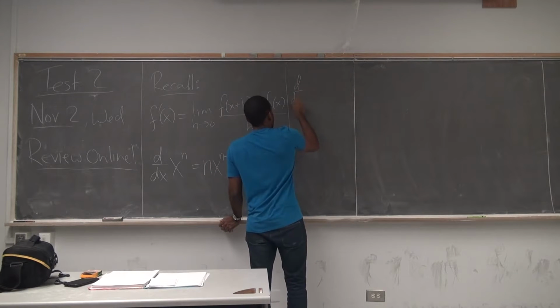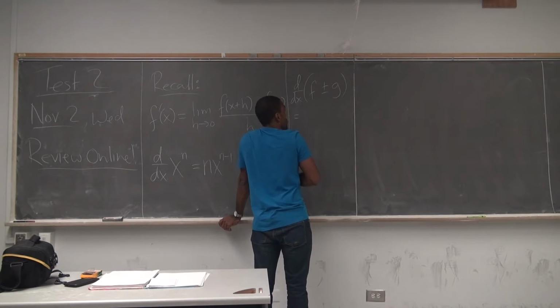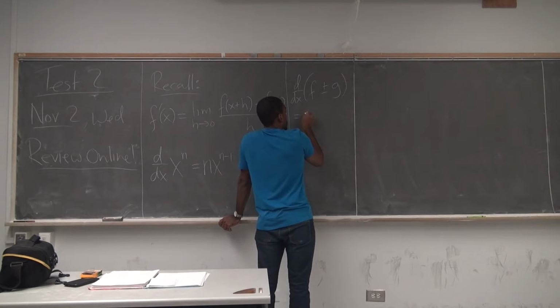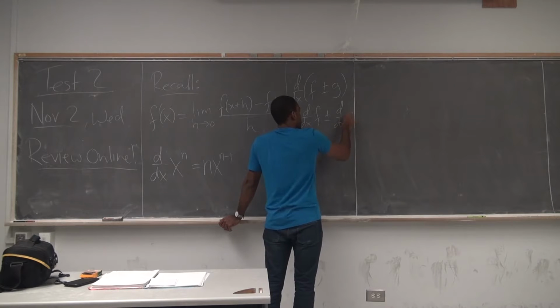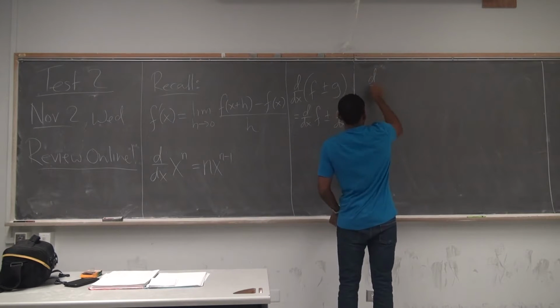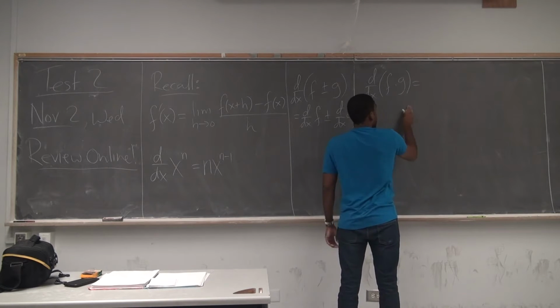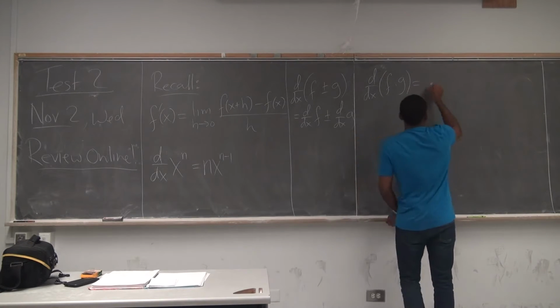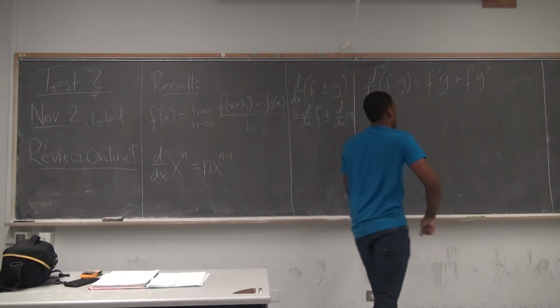Or if I have the derivative of a sum of functions, this is the derivative of f plus or minus the derivative of g. Just differentiate one at a time. Okay, what if I have the derivative of a product of functions? F times g. First one, f times g prime.